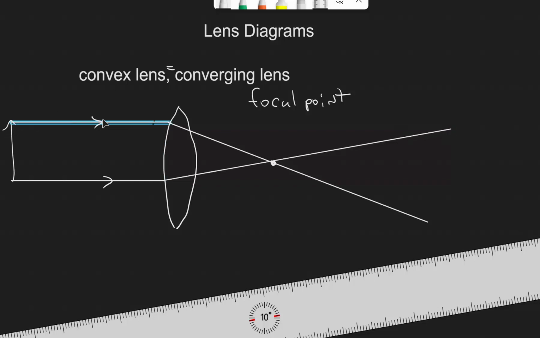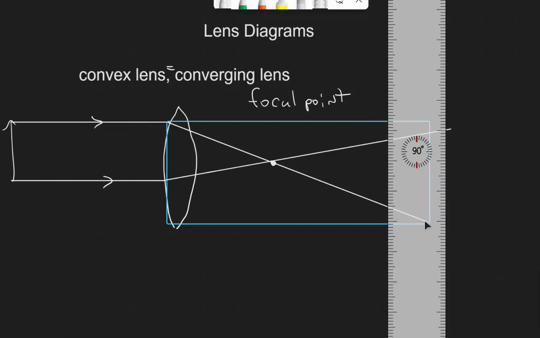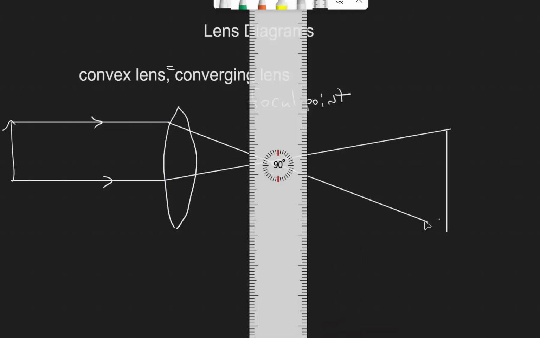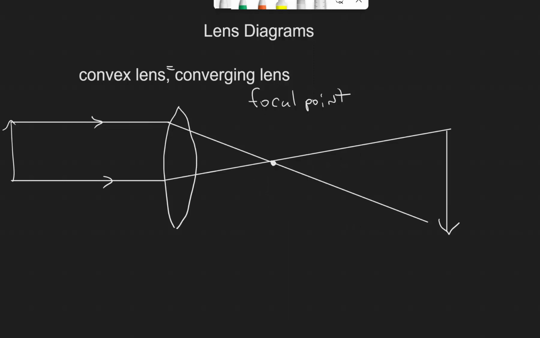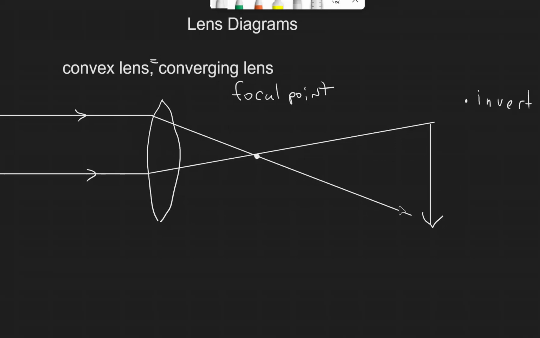And the ray from the top has gone down here, meaning that our image will actually be inverted. So the top bit of the arrow has gone down. Additionally, notice that this image is now bigger. So how do we classify this image? Well, first of all, we can say that it's inverted.